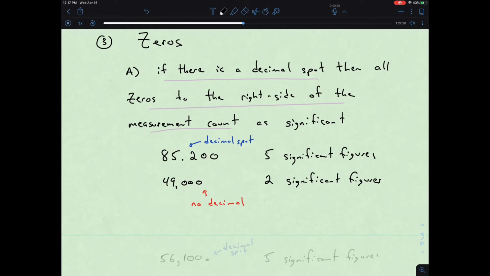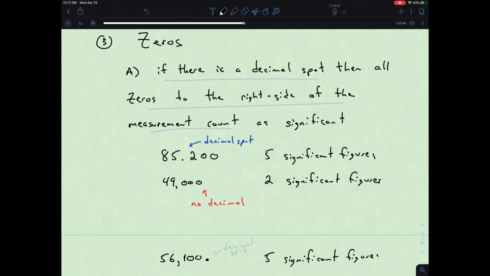If I do one more example here of 56,100 decimal, this would still be 5 significant figures.